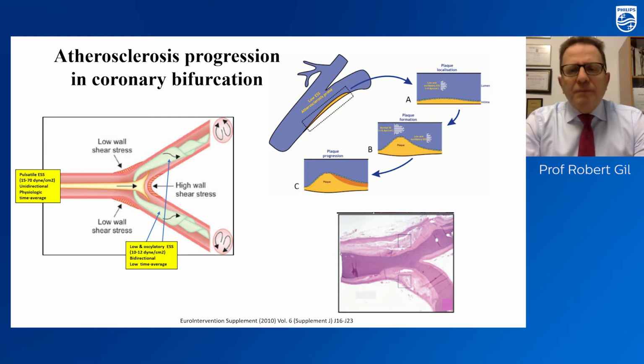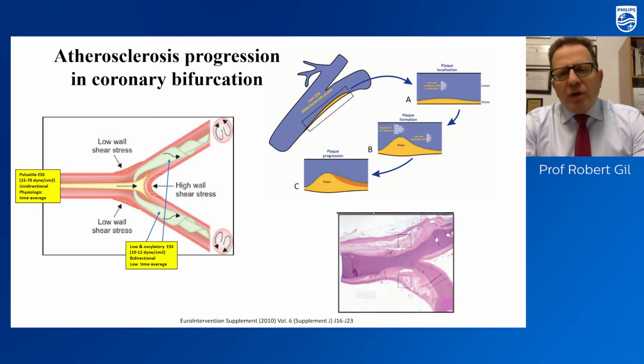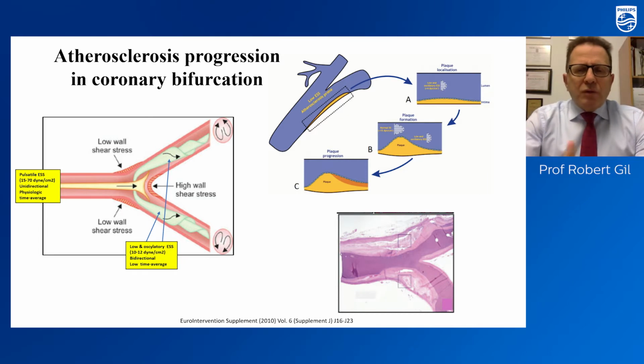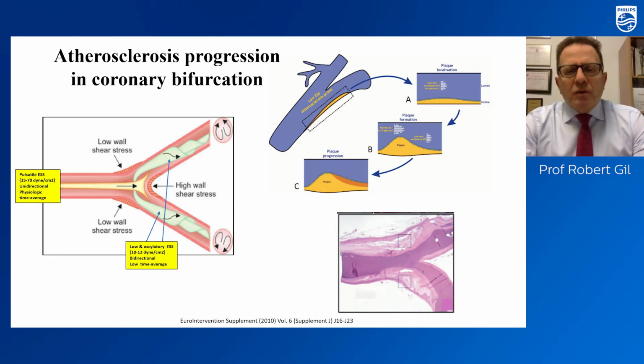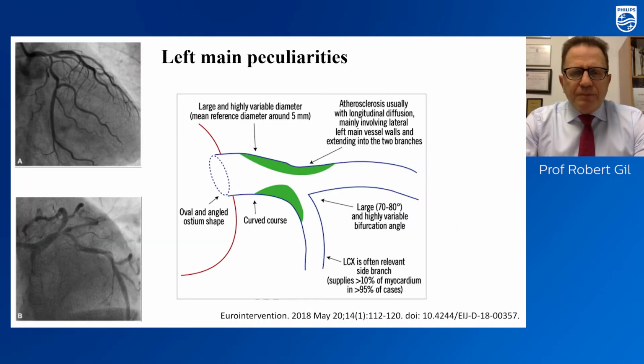Therefore, you have to remember the rules of the hemodynamics of blood in bifurcations, to be prepared for where plaque formation starts and where you can meet problems when you base your decisions only on angiography.